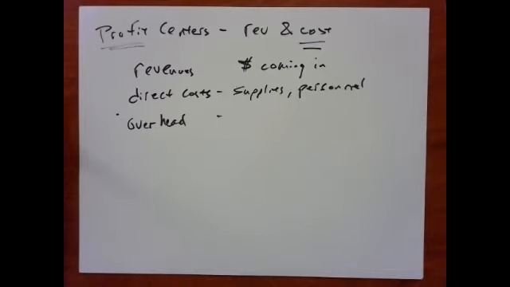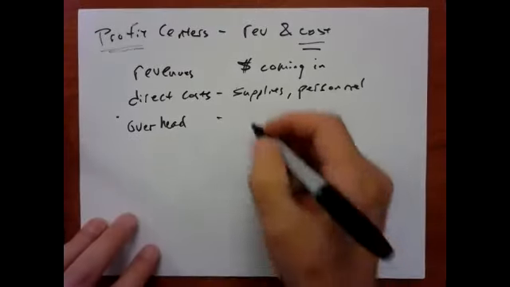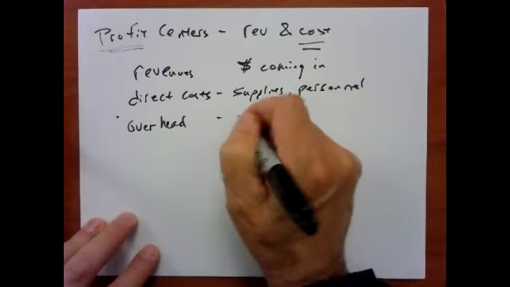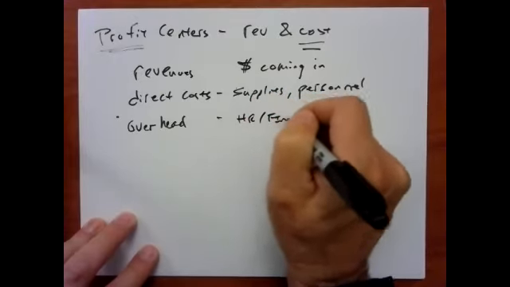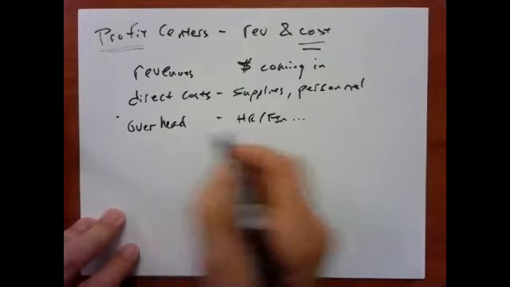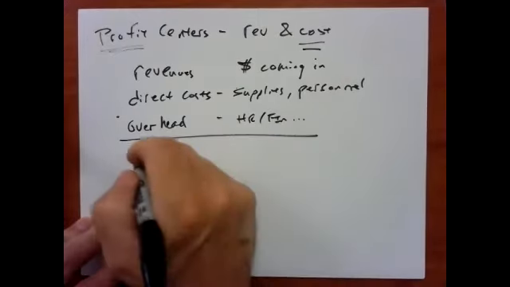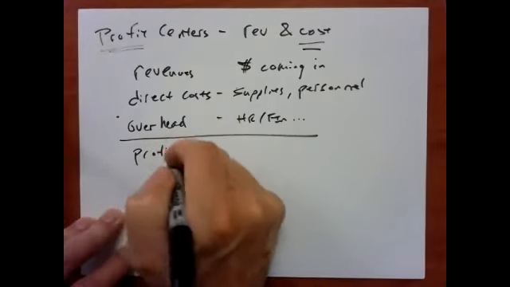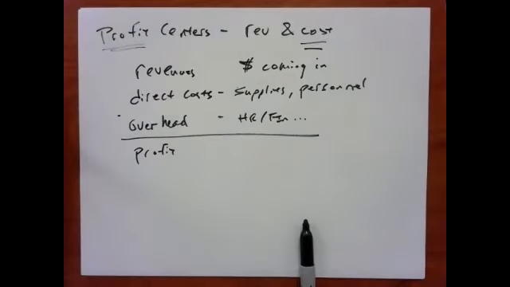You're not going to have your own IT. You're not going to have your own, yada, yada, yada, right? So this is all the support that you get: your HR, your finance, and so on. You're going to get a share of that allocated to a particular practice. And then that tells you the profit of the organization.